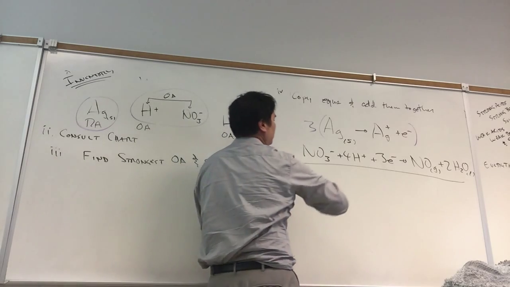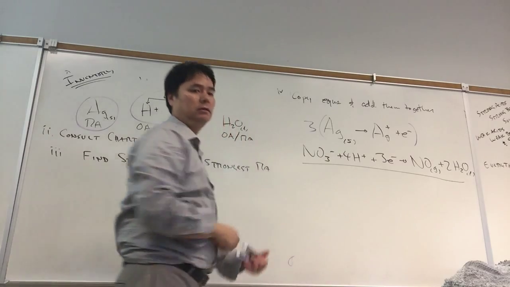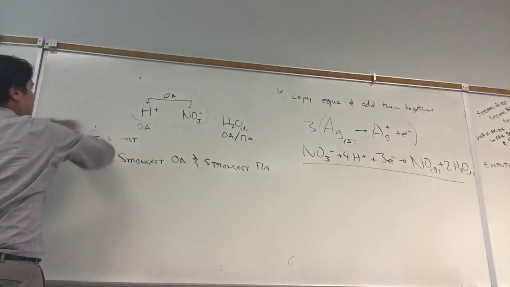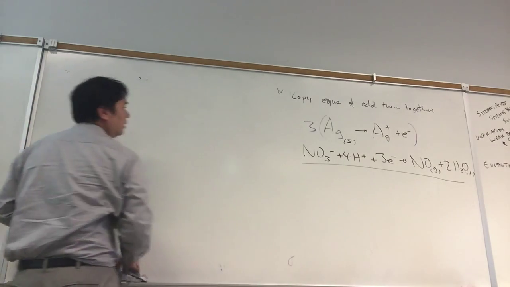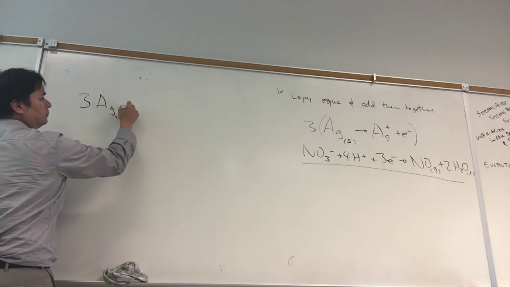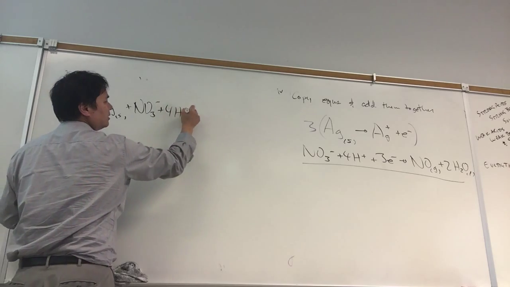And so what we end up with is 3 silver metals plus nitrate plus 4H+.